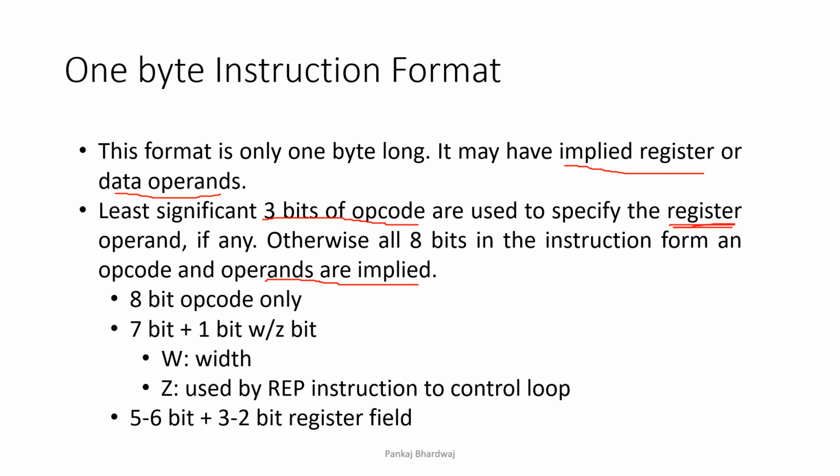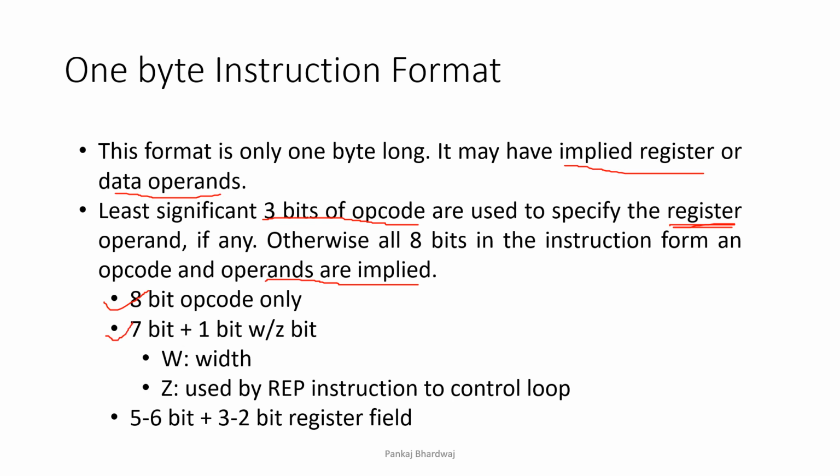There are three ways in which we can classify the 1 byte instruction format. It is an 8-bit opcode only, or it may have a 7-bit opcode plus 1 bit. That 1 bit is used to define W, that is width, or Z, which is mainly used by REP instructions to control the loop, which we'll discuss later.